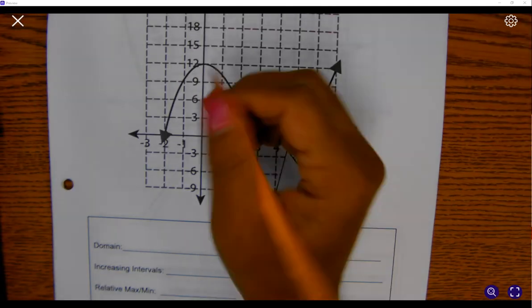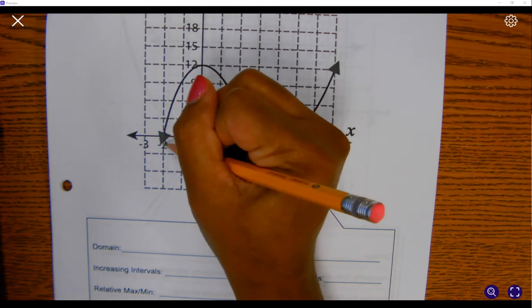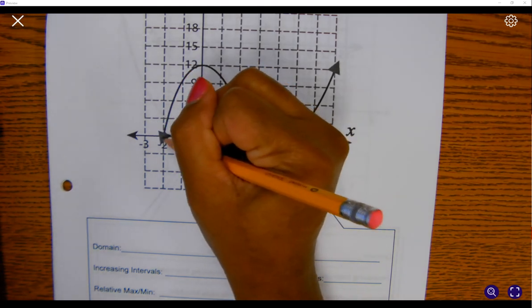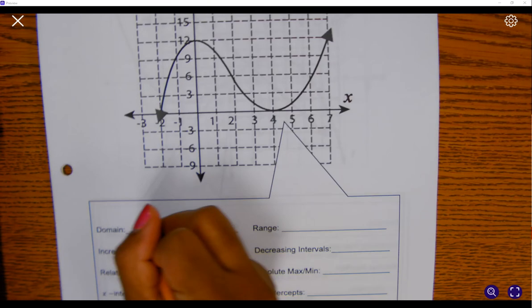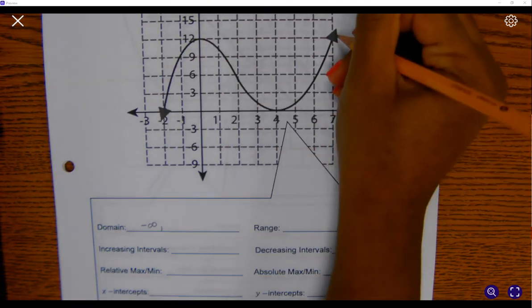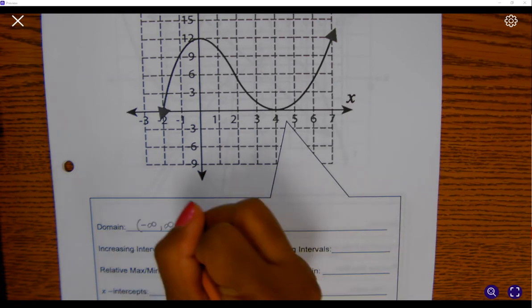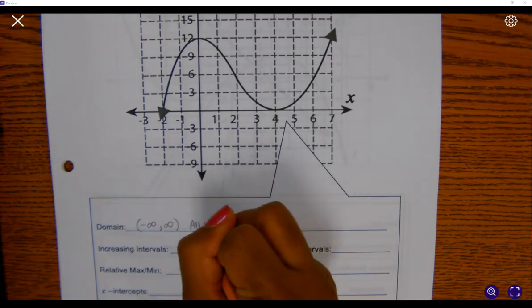On the left side, you notice that the domain is not really starting at -2 because there's an arrow. It keeps going to the left. So the domain here is from negative infinity, and then it keeps going all the way to the right, to positive infinity. Another way we say this is all real numbers.